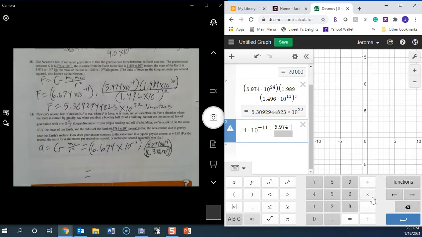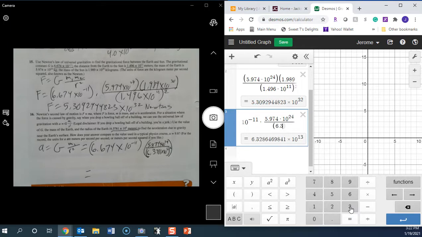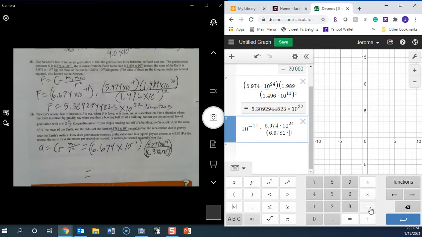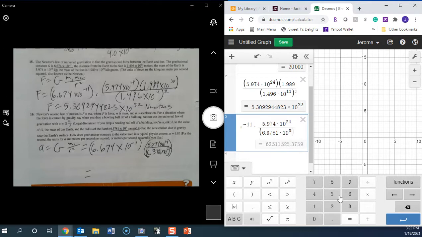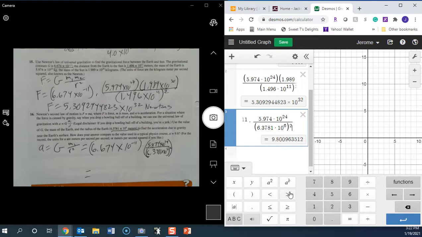And then it'll be times 10 to the 24th power. Then our denominator, we're going to put that in a parenthesis. It'll be 6.3781 times 10 to the 6th power. Then we will close the parenthesis and take it to the 2nd power.